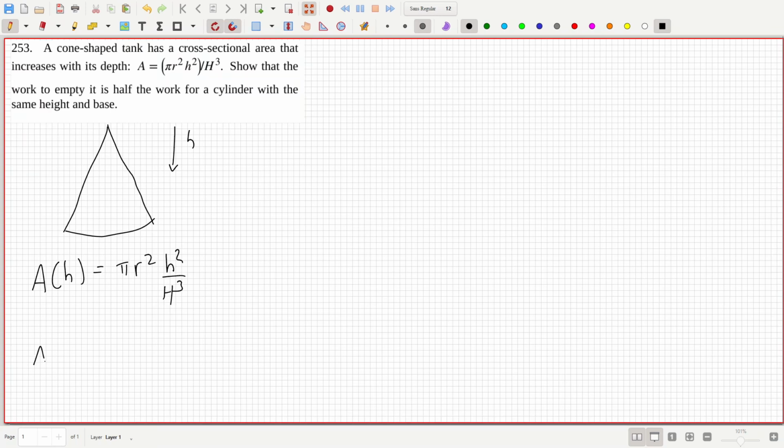So that would mean at h, it would be pi r squared over h. That's a little bit weird, isn't it?